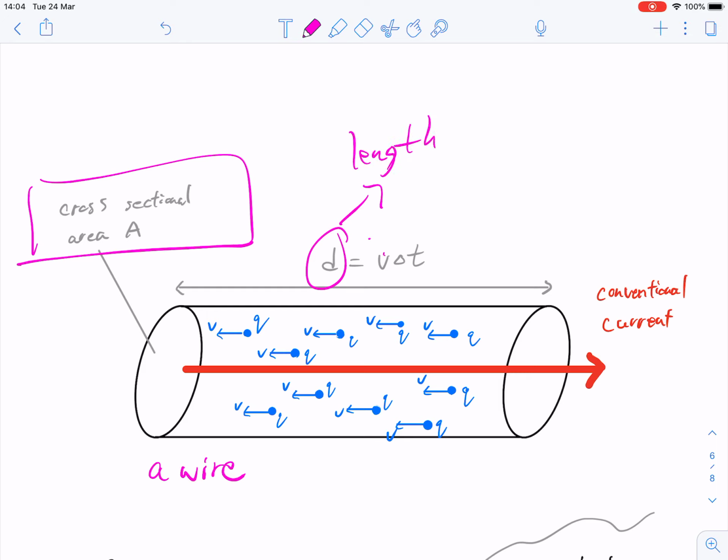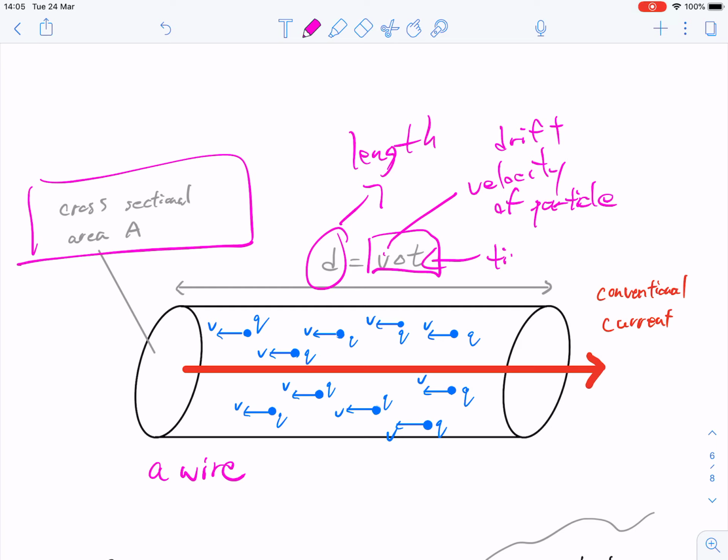But we're re-representing the length depending on how fast the particles are moving, also known as the drift velocity. And so how fast they're moving in a certain period of time, so change of time. And so we've got 10 electrons moving in a particular direction across this section of wire, okay?